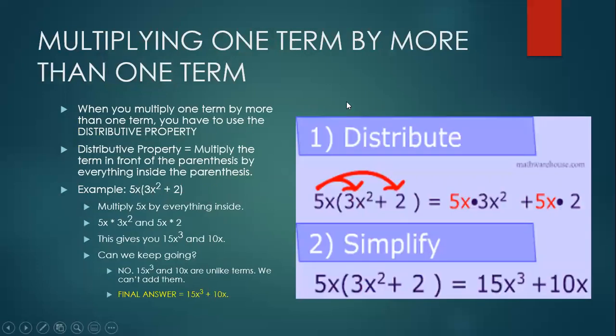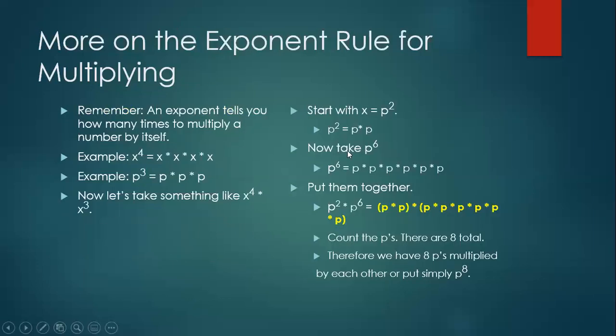P to the 6 tells me that I have 6 p's right there. I didn't write them all out, but there are 6 of them. There's only one that I wrote out, but there are 6 of them. And this is what's going to help us get it, because if we get that concept, it will be really easy.